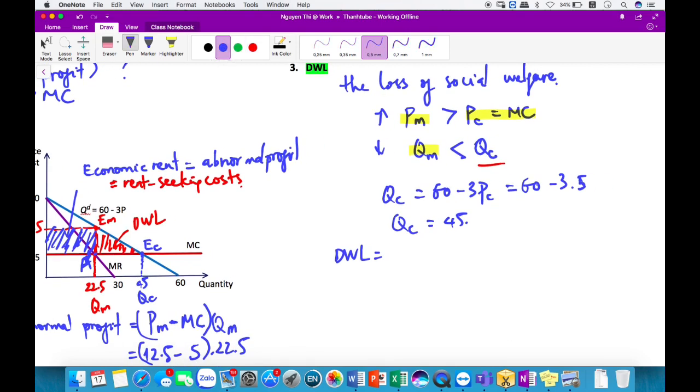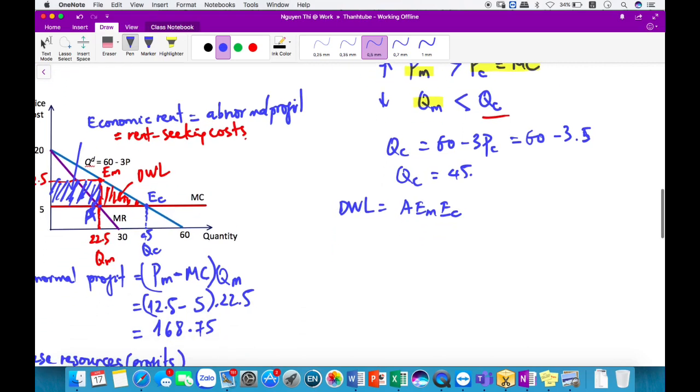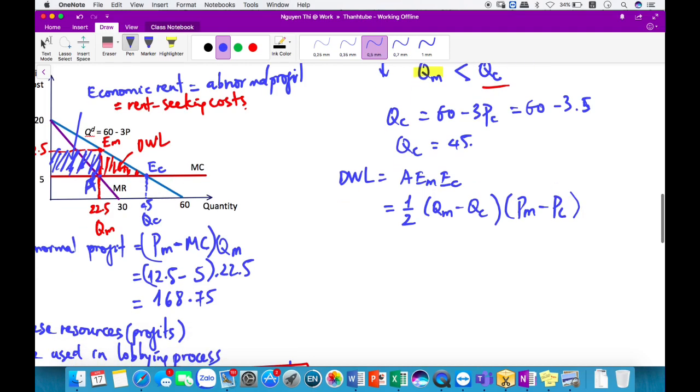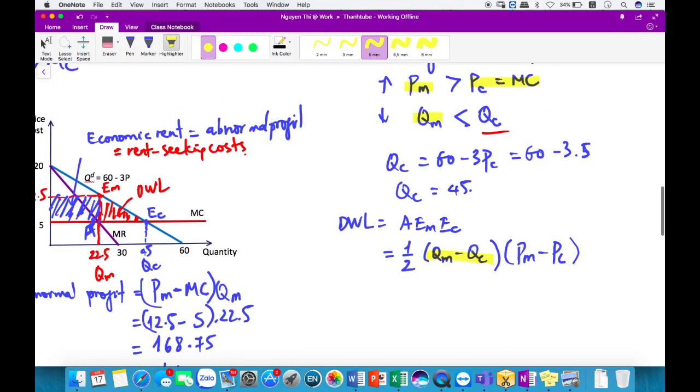So the deadweight loss equals the area AEM EC, equal to 1/2 times (QM minus QC) times (PM minus PC). This reflects a decrease in the output and an increase in the price.